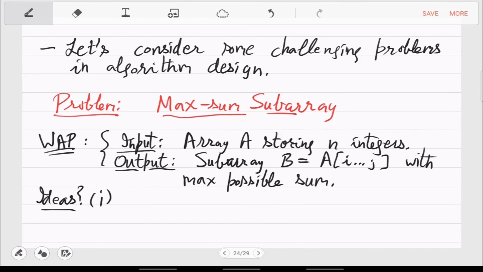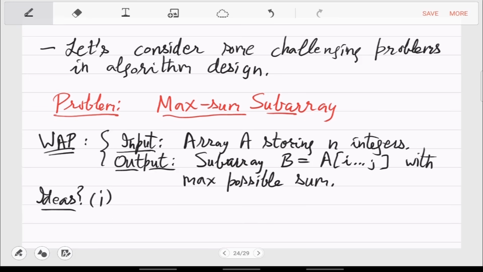In terms of that, how fast can you compute the max possible sum subarray of A? What is your first algorithm? Sorry? Yeah, so n square will be quite fast.